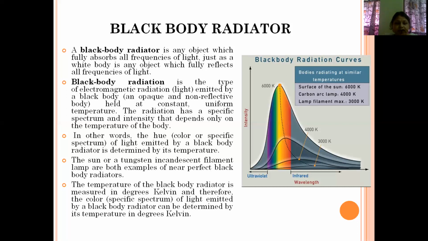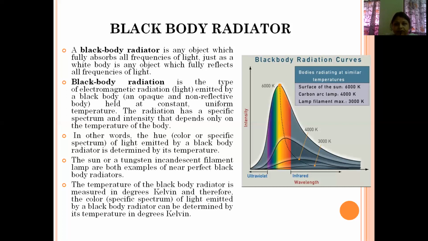And the temperature of the blackbody radiator is measured in degrees Kelvin, and therefore the color of light emitted by a blackbody radiator can be determined by its temperature in Kelvins. So on the right side we can see a graph of intensity versus wavelength, where you can see infrared and ultraviolet, with particular wavelengths, and bodies radiating at similar temperatures, like the surface of the sun, that is 6000 Kelvin.